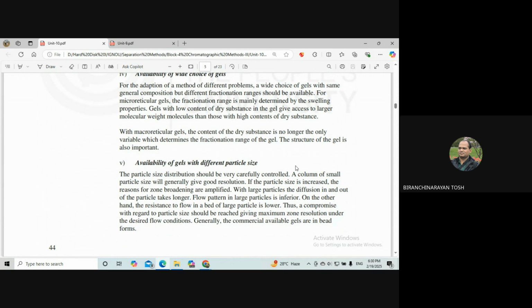With large particles, the diffusion in and out of the particle takes a longer time, so the flow pattern in large particles is inferior. On the other hand, the resistance to flow in a bed of large particles is lower. Thus, a compromise with regard to particle size should be reached, giving maximum zone resolution under the desired flow conditions. Generally, the commercially available gels are in bead form.